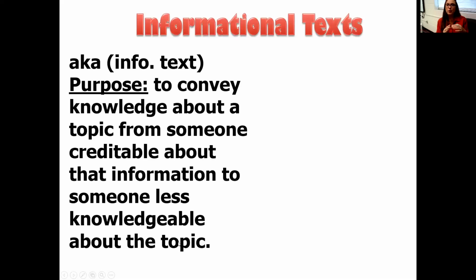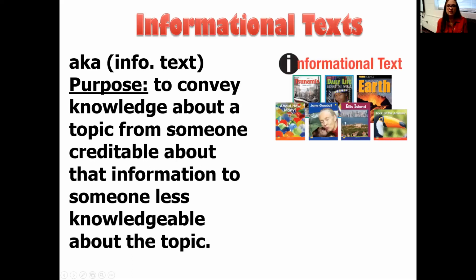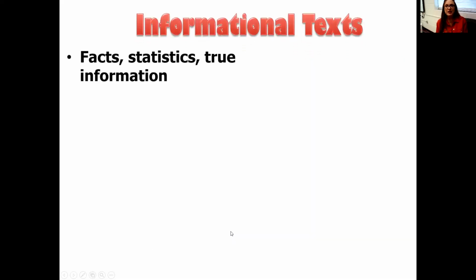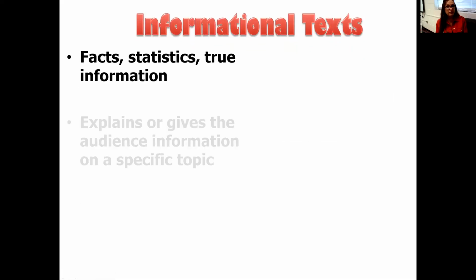We're talking about informational text specifically, and we want to convey knowledge about a topic from someone credible, somebody that has credibility about information, to someone who has less information about that topic. So those informational texts may be facts, statistics, true information.